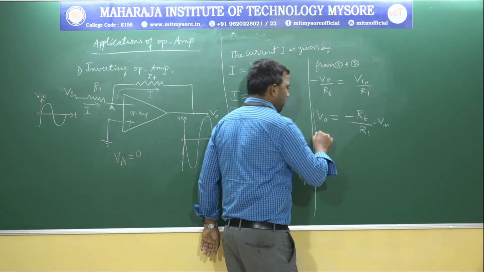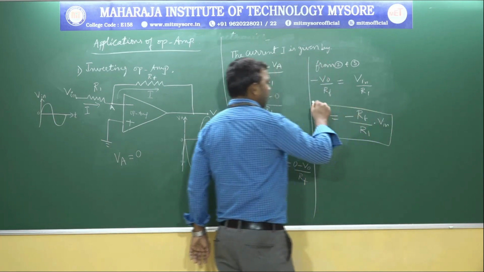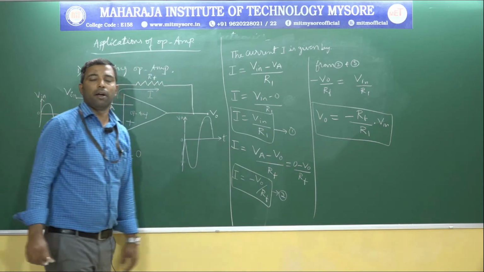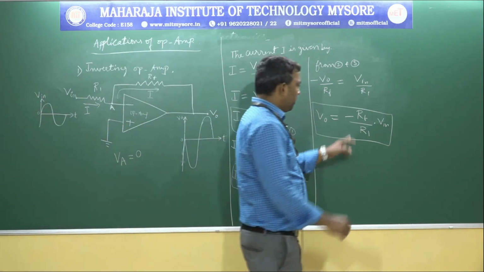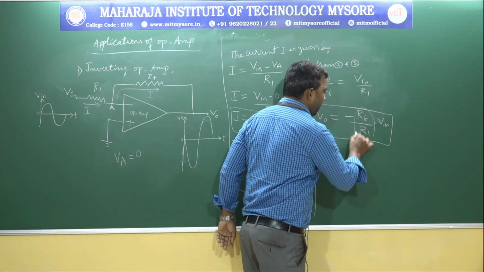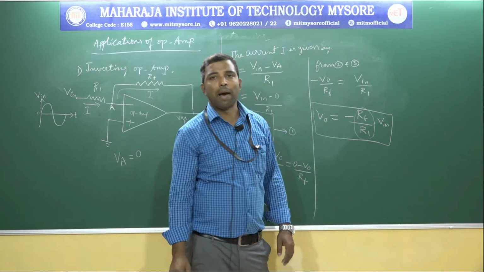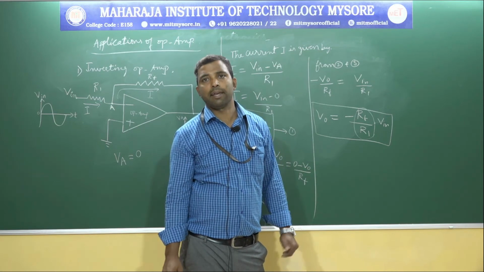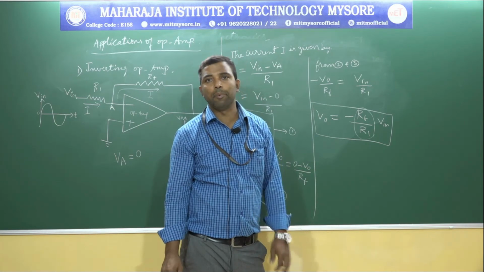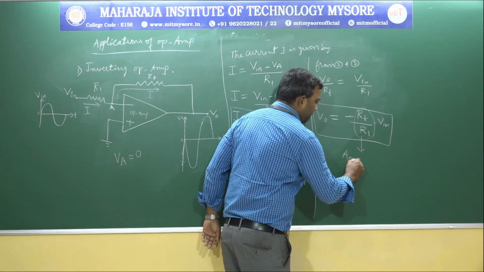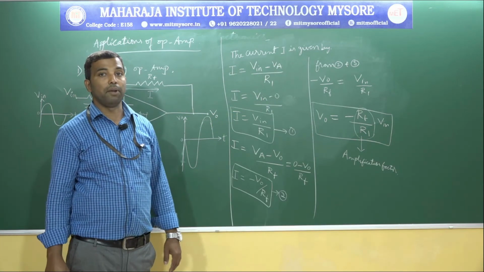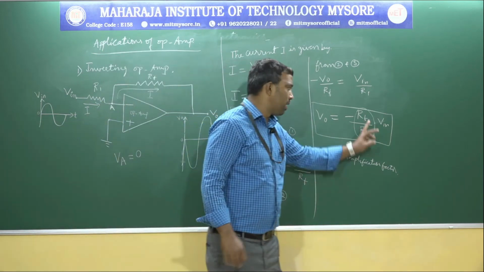So this is nothing but the expression for the inverting amplifier. Observe here, this RF by R1 is nothing but the amplification factor of the inverting amplifier.